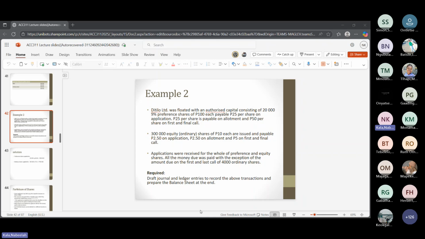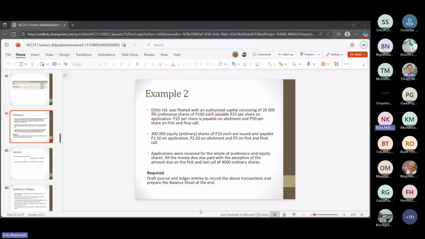So after that, what do you do, ladies and gentlemen? You then have to close the share application and allotment. How do you close it? You debit share application and allotment and credit your ordinary share capital.